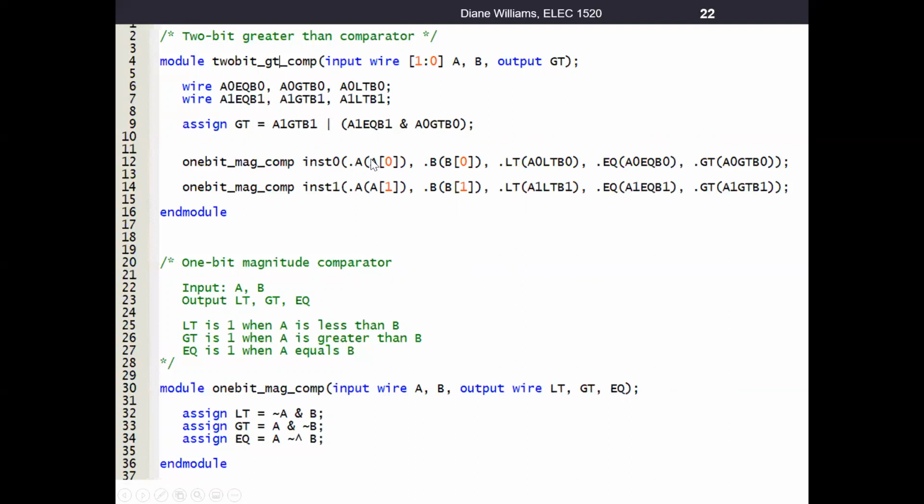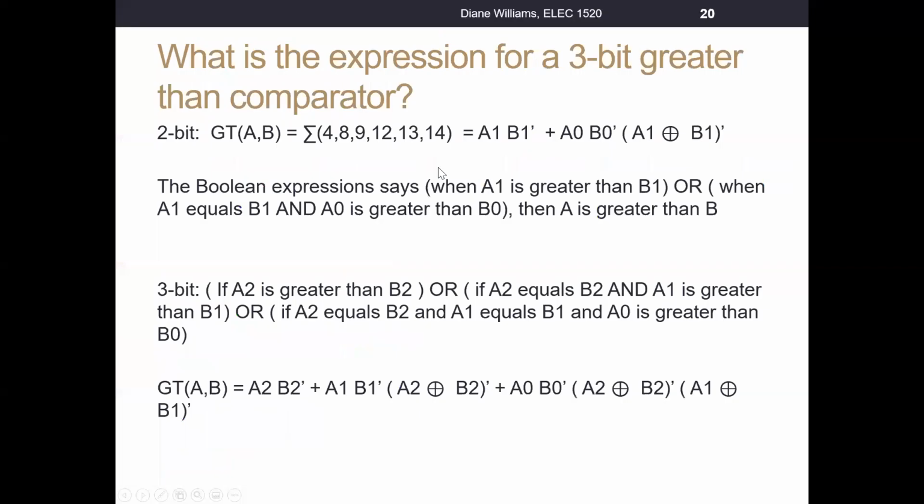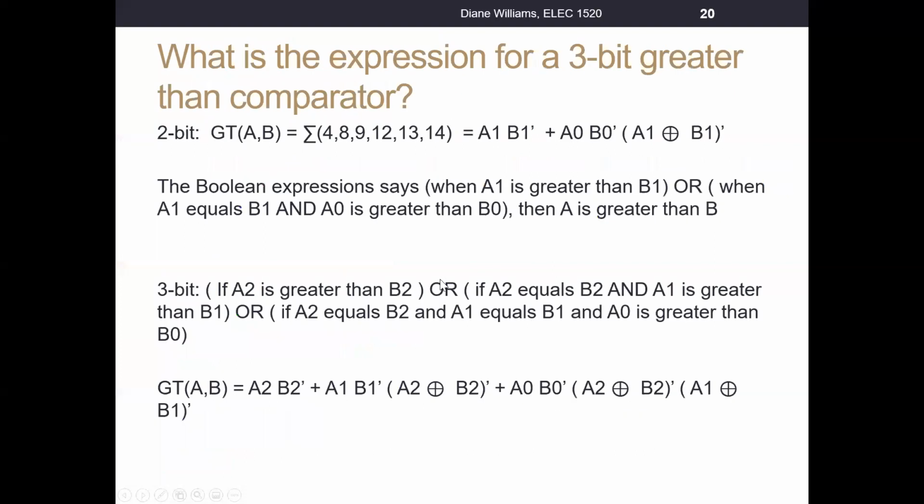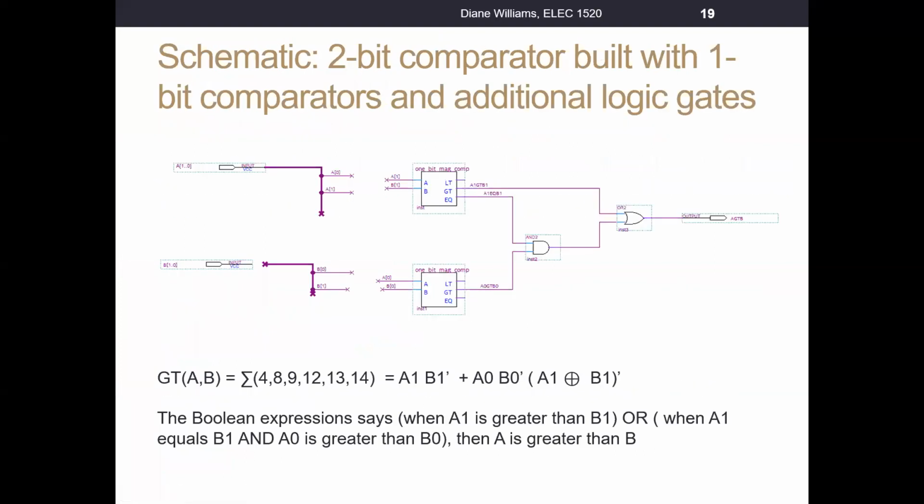So we're going to connect this input A0 to input A, and B0 to the input B. If we go back to the schematic, here's where we connected A0 to this input A, and B0 to this input B.